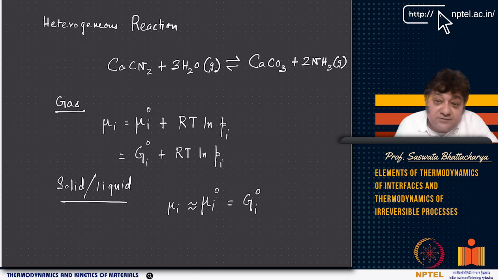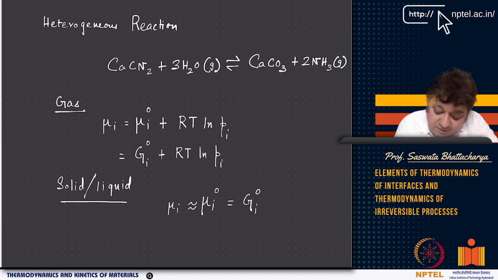You can also have heterogeneous reactions, and one of the heterogeneous reactions is oxidation, where you have a metal which is solid, which combines with oxygen which is gaseous, and forms a metal oxide which is again a solid. So here also, calcium cyanamide, CaCN2.